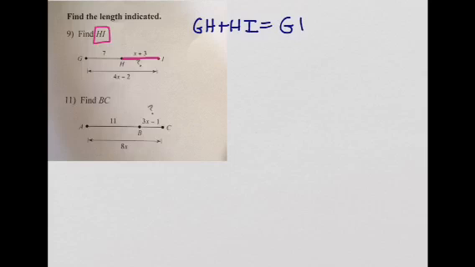In other words, this distance right here plus this distance right here is going to give me the total distance. Okay, so now GH is 7, HI is x plus 3, and GI, okay, notice right here, GI from here to here is 4x minus 2.